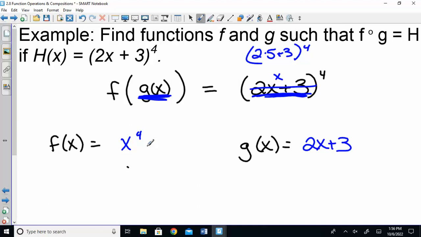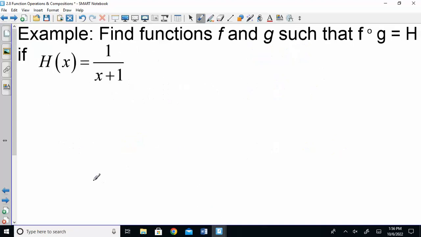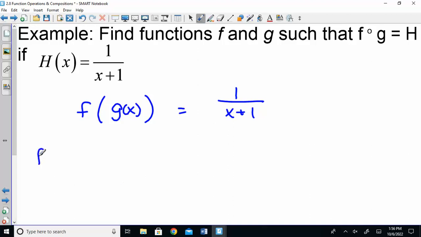And it's easy to check them. You can do f composed with g and see if you get back the original problem. Let's try some more. So, f composed with g, so f of g of x is equal to 1 over x plus 1. I need to know what these functions are.